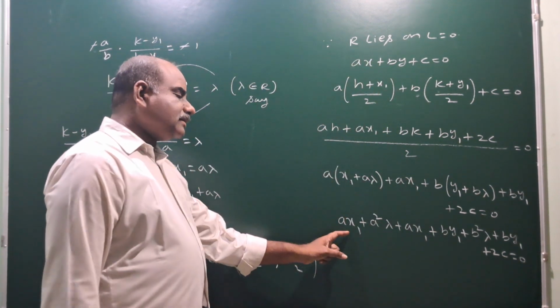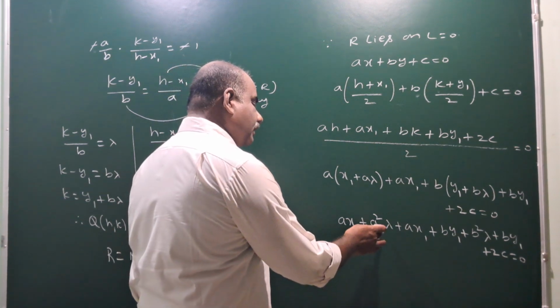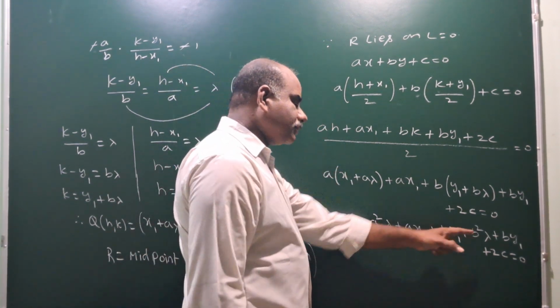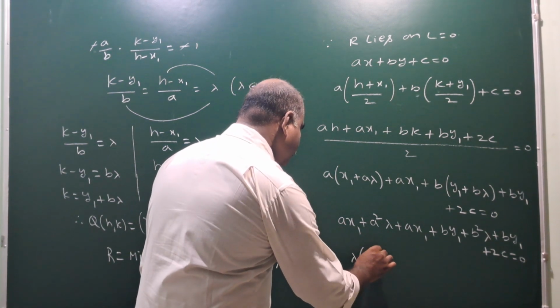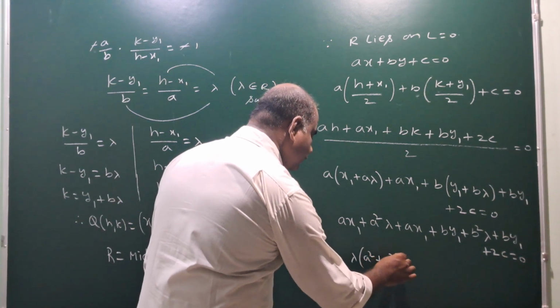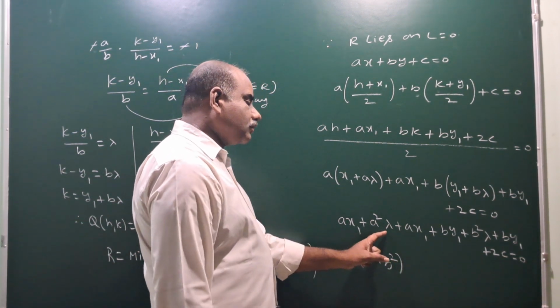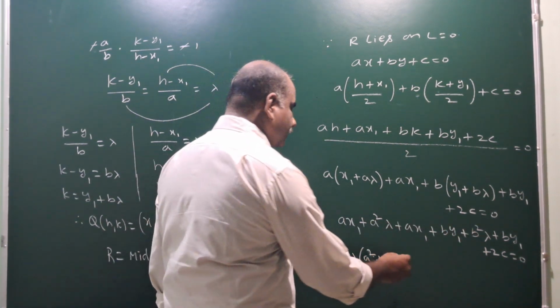Okay. AX1 plus AX1, 2AX1. Here A square lambda plus B square lambda. From these two terms we take lambda as common. We get A square plus B square in the bracket.